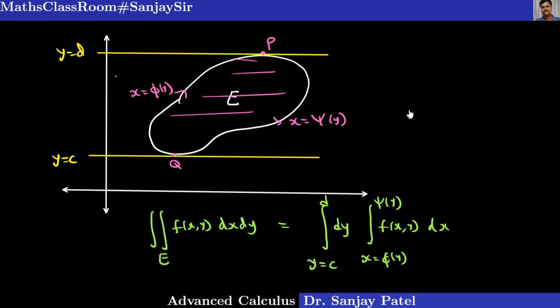Here you must note that the four curves are y equal to c, y equal to d, these two horizontal lines, and the curves x equal to phi of y and x equal to psi of y, where phi is strictly less than psi for every y in the closed interval [c, d].